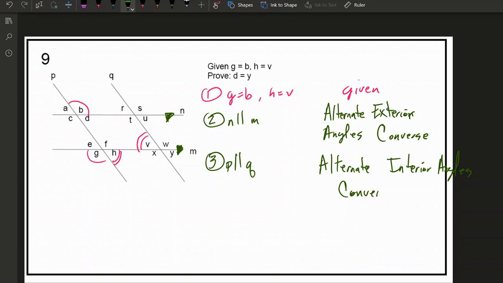That's the converse. Okay, so now that I have all 4 of these lines with some parallel partner, I'm allowed to use all of my parallel lines rules.